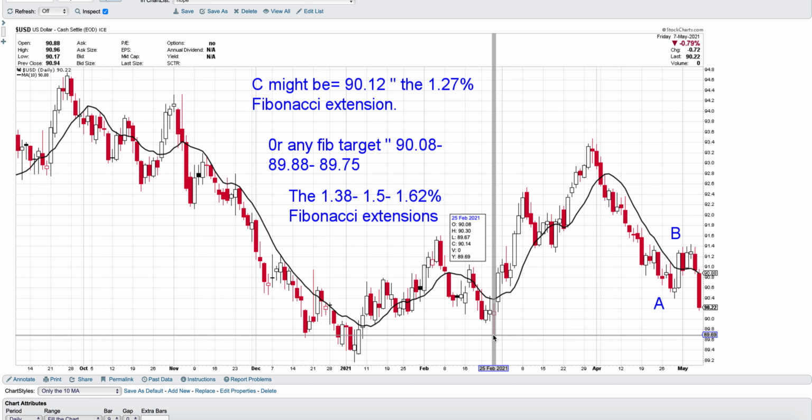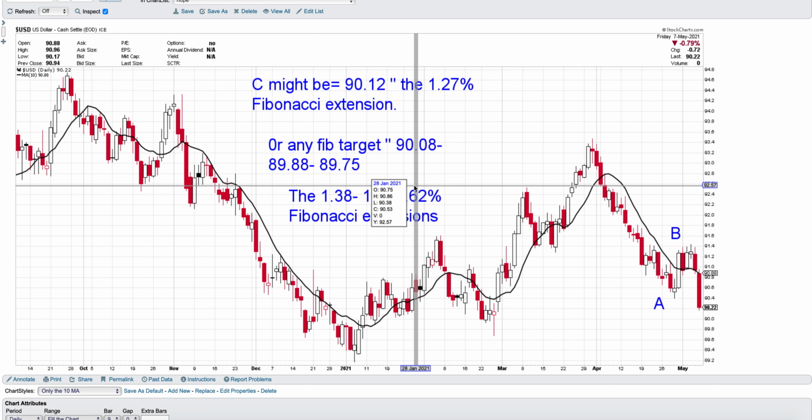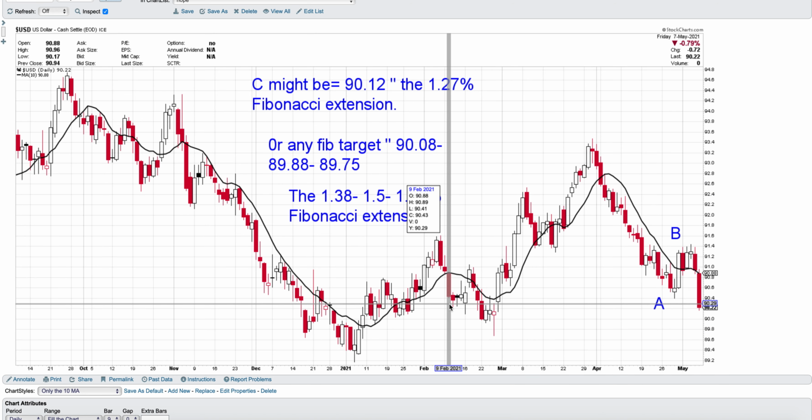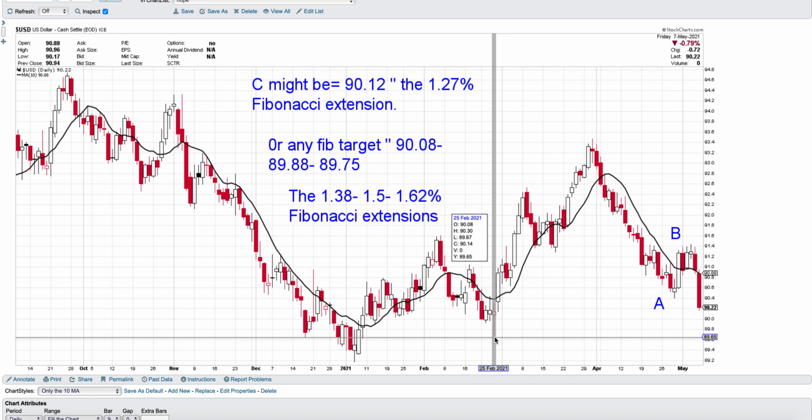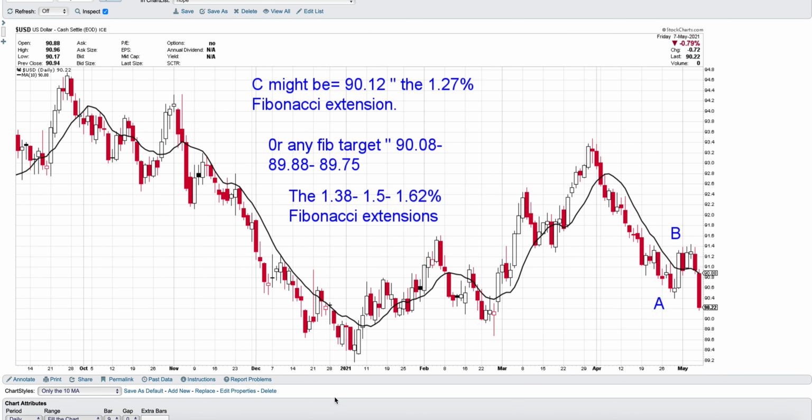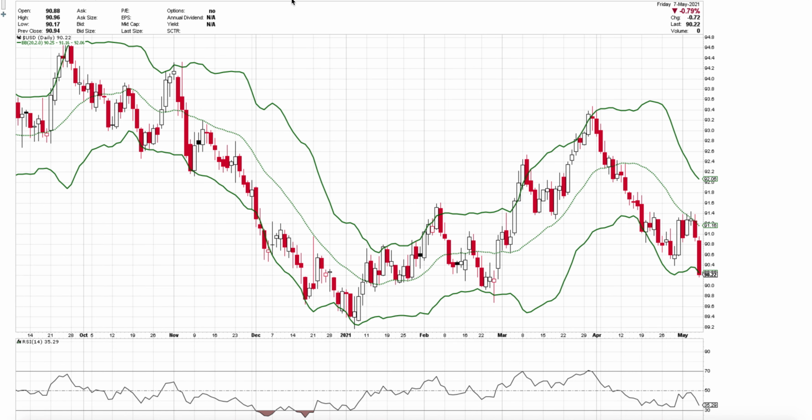So the most probable number is this extension that comes with this price memory. Good deal? Good. So we talked only about the extensions and price memory.